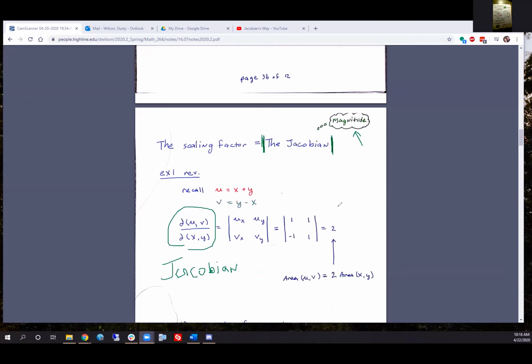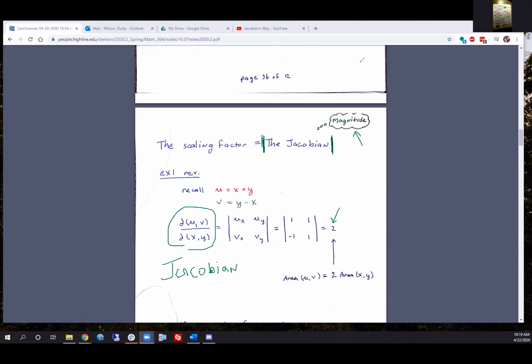You'll notice that in the example that we're looking at here, the Jacobian is positive, and so the absolute value didn't make a difference. But if you happen to have swapped your u's and v's, you'd come out with a -2 here, and the absolute value would undo that negation. So again, the scaling factor is not quite the Jacobian, it's actually the absolute value or the magnitude of the Jacobian. And it's just something to remember if it comes up in a question.